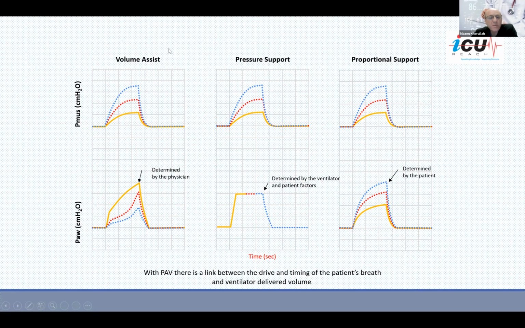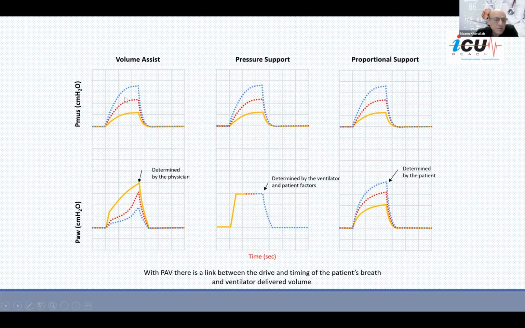And this is volume assist or volume control. So with changes in the patient's intrathoracic generated pressure, with the orange color, you will see the pressure needed to get that volume in. However, if the patient started to breathe, what happens is that pressure goes down. So that's why in the red dotted line you can see that the pressure is pulled down. Why?